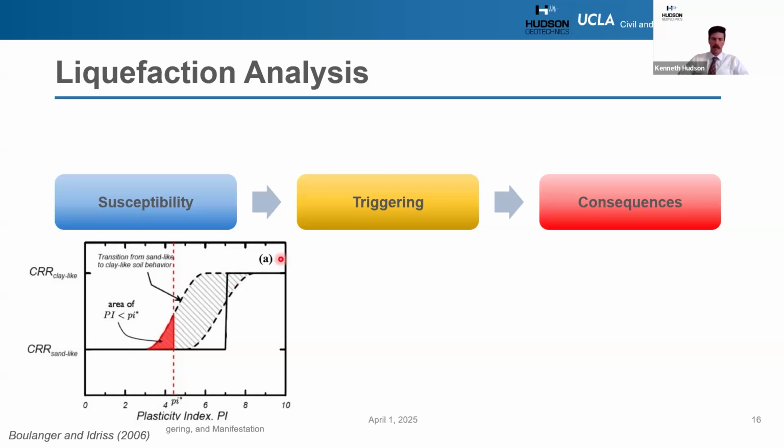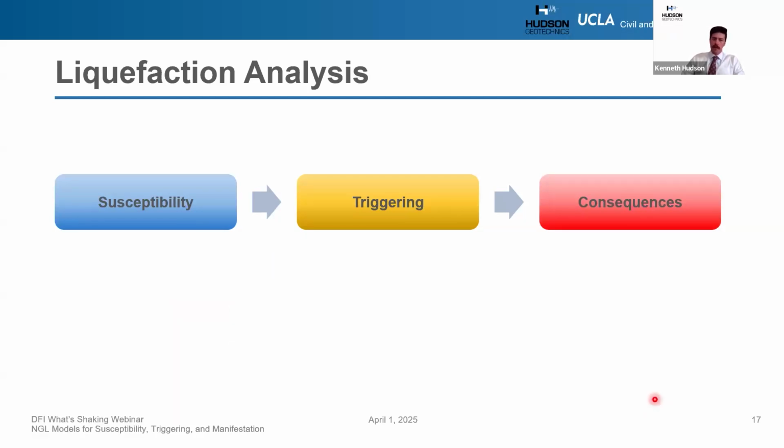It changes from sand-like to clay-like, and that defines its susceptibility. And there's other things like percent clay content, median grain size diameter, and things like that that can help us determine the susceptibility as well.